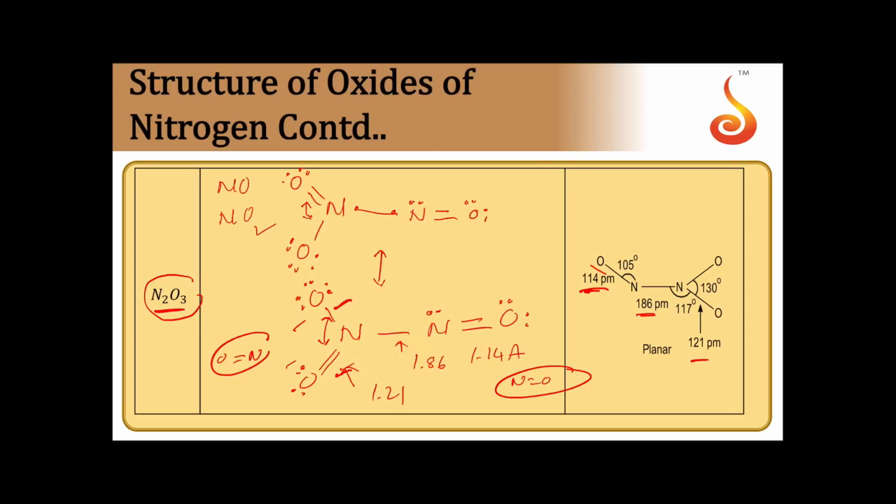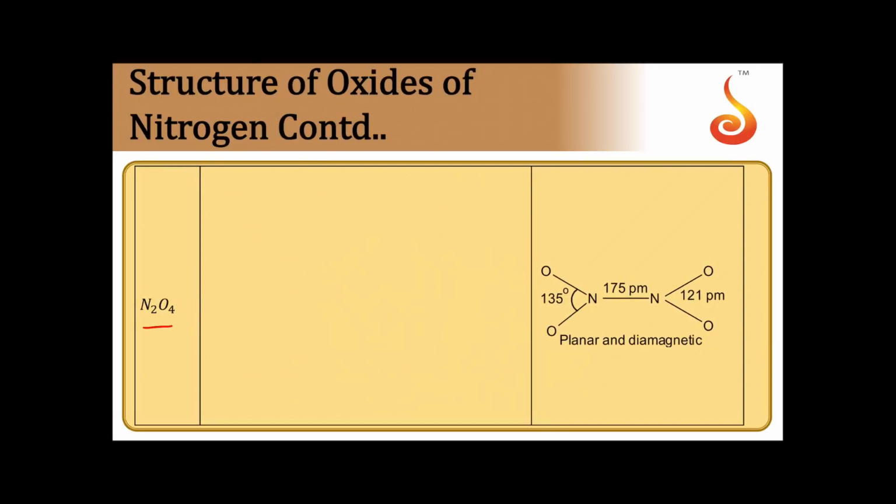So imagine the structure of NO plus NO2 together will be the N2O3 molecule. Then comes the N2O4 structure. It's simply taken as a dimer of NO2 itself now. So NO2 will have an odd electron. So take a double bond O, one coordinate covalent bond, and one more nitrogen here now.